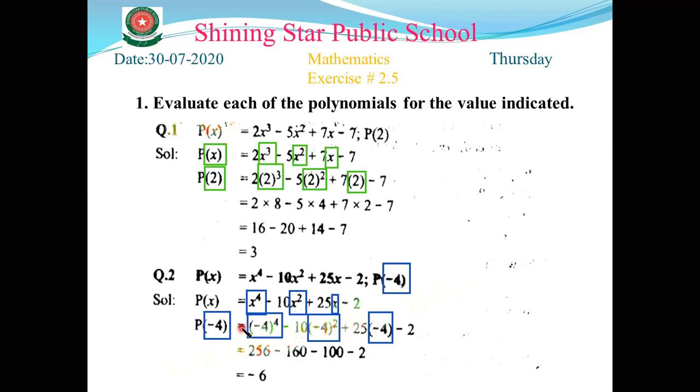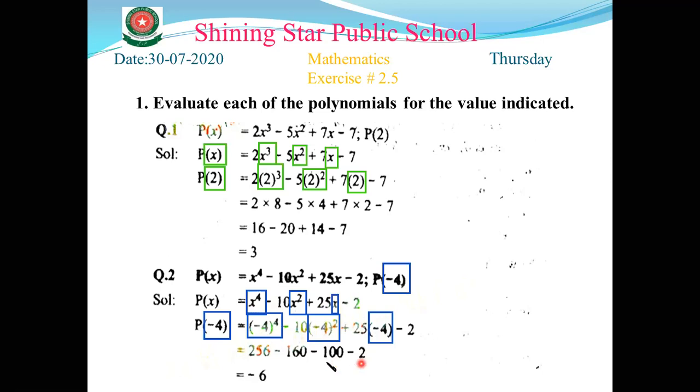Now, when we replace the x with minus 4, it becomes minus 4 power 4, minus 4 square, minus 4. Minus 4 power 4 is 256. Minus 4 square is 16. 16 multiplied by 10 is 160. 4 multiplied by 25 is 100. And minus 2. Very simple.